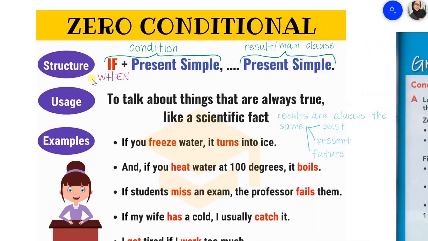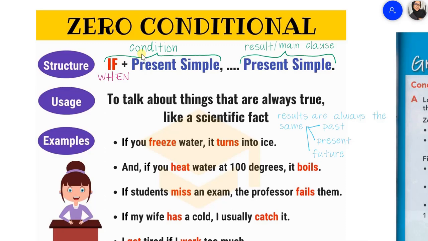Okay, so this is the structure of zero conditional sentence. We begin our sentence with if or when, followed by present simple tense. And after that, we put comma. From if or when until the comma, this clause is what we call condition. Condition here means like a situation.